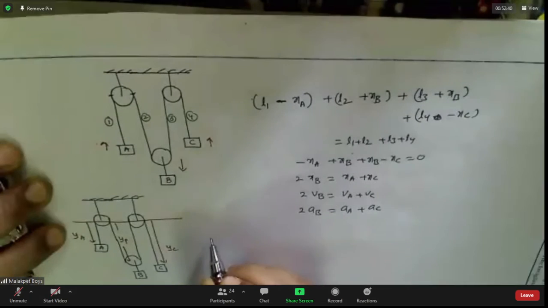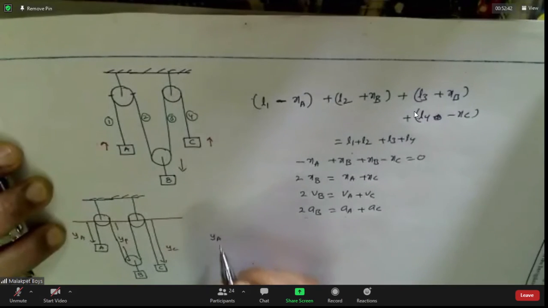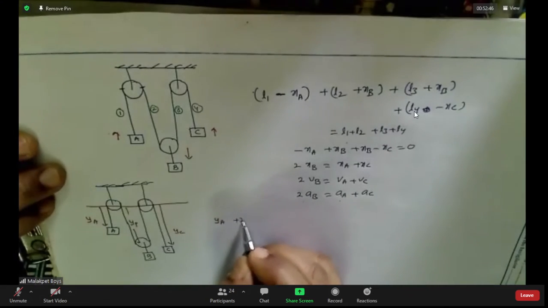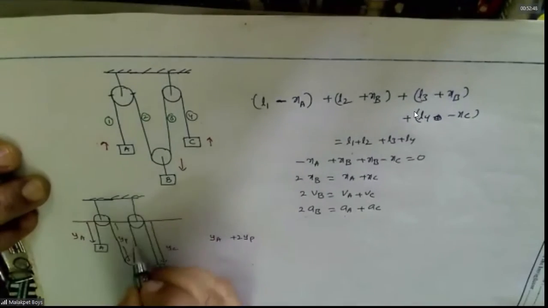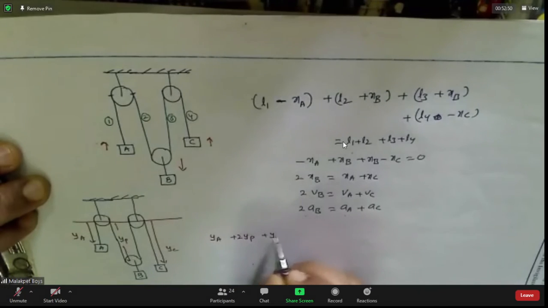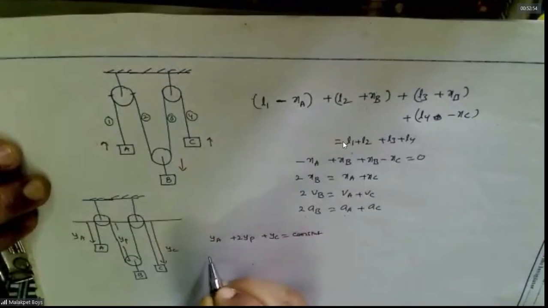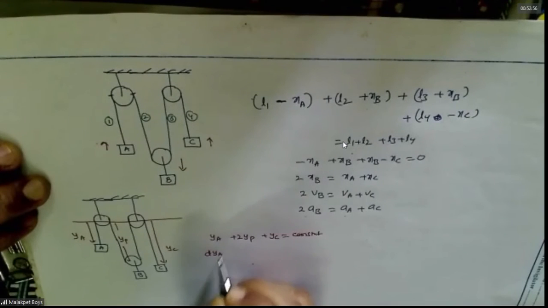Now the length of the string is constant. This is YA. Agreed. This is how much? 2YP plus YP, no? Plus YC is constant. That is what I have done. After that, I differentiated this.